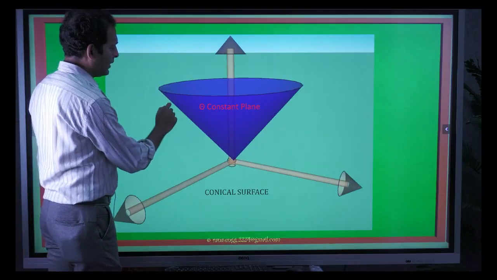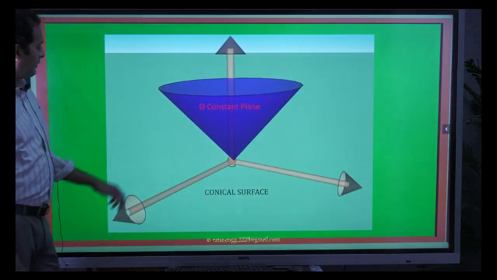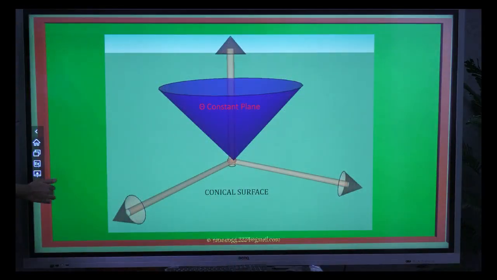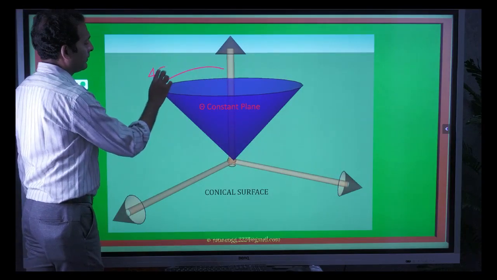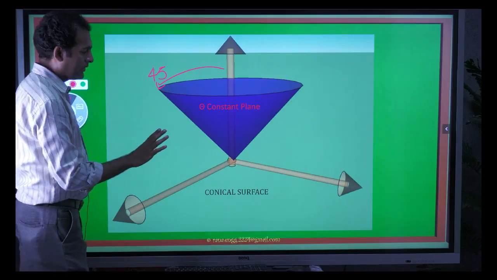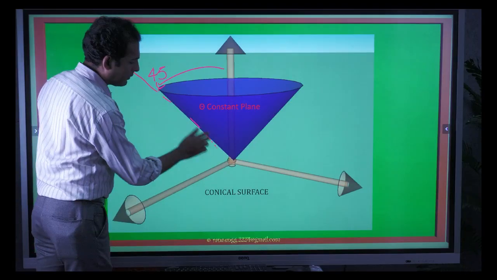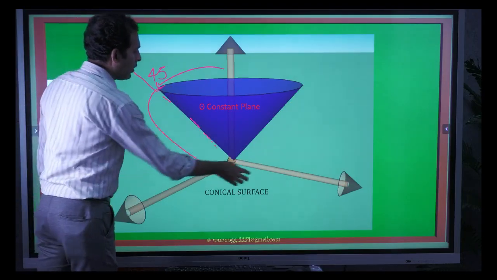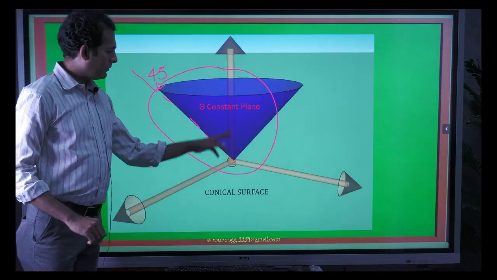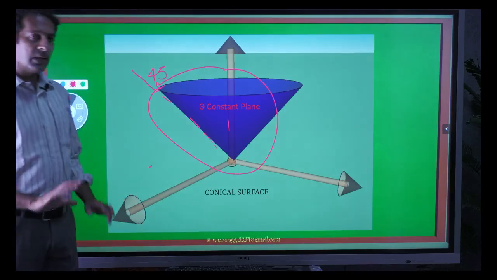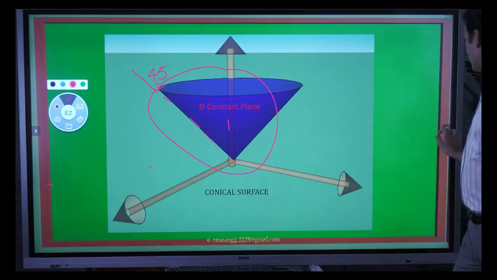On this constant plane you can see that the values of theta are the same. Suppose theta is some angle like 45, then that will be the same for that location. But if theta is 45 here, the values of radius will change and the values of phi will also change. So for this we have the theta equal to constant plane. This is a conical surface. That gives the details of the theta constant plane.